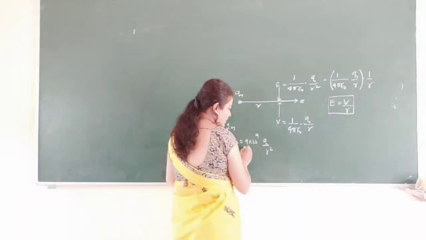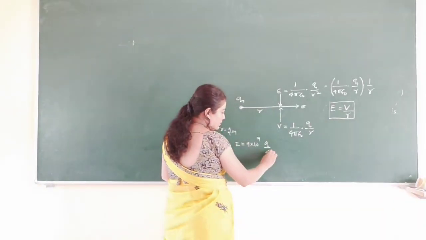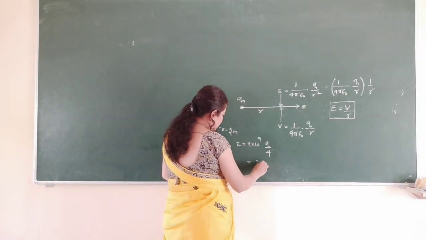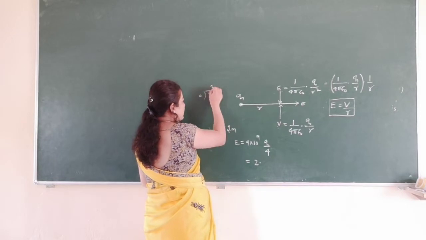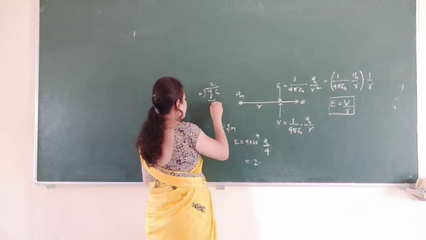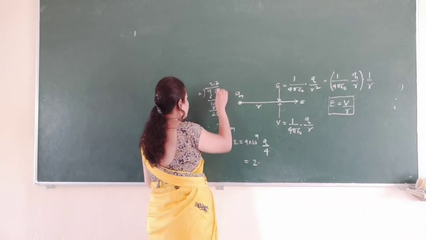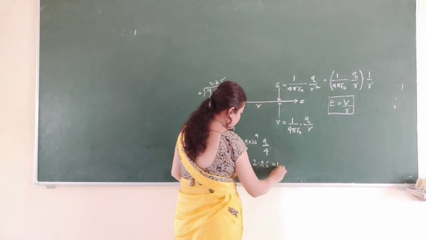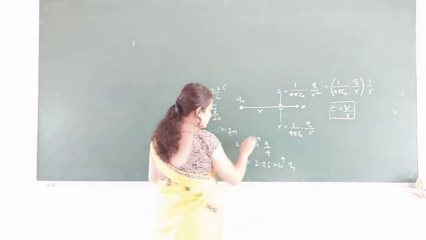So this is E. R equal to 2, 2 square is 4. 9 divided by 4 is 2.25 into 10 to the power 9 times Q. This is E.